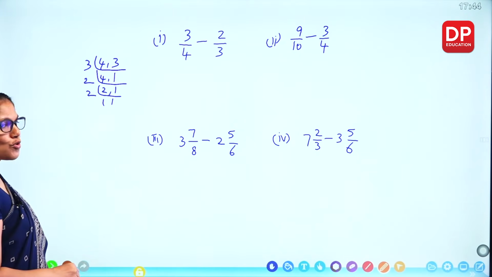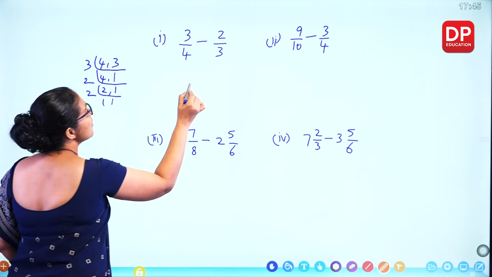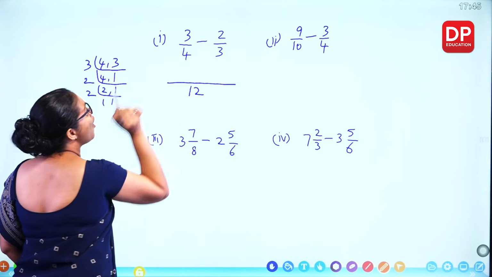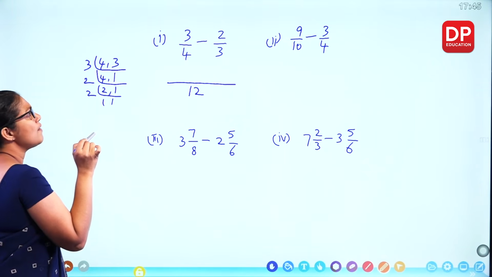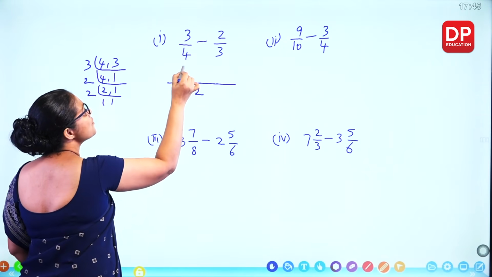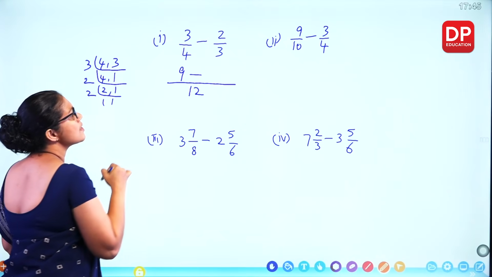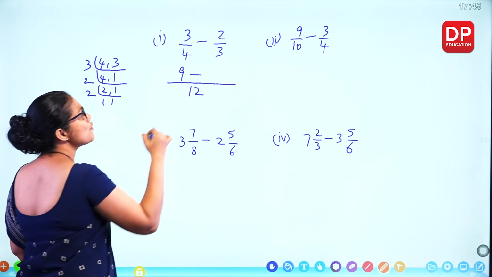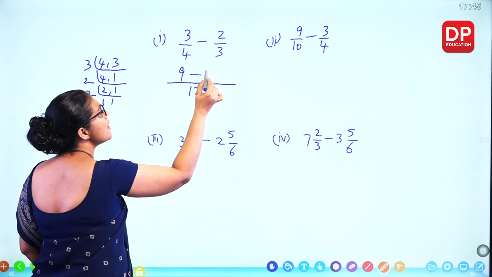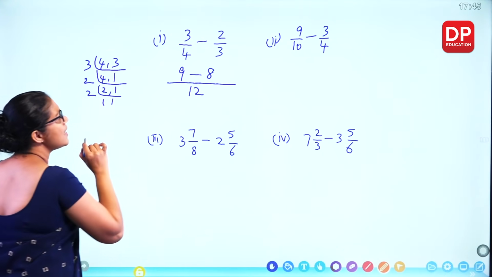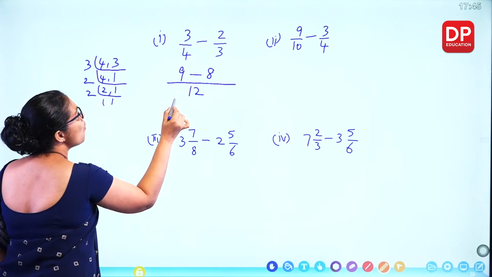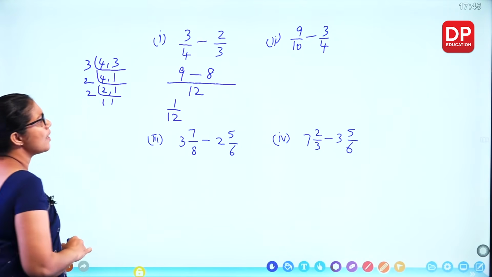So 3 times 2 times 2, 12. You convert to 12. How many parts to get 12? 3 parts. 3 times 3, 9. How many parts to get 12 here? 3 times 4. You multiply the numerator by 4. 4 times 2, 8. 9 minus 8 is 1 out of 12.